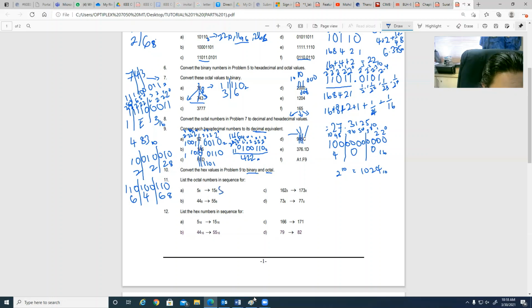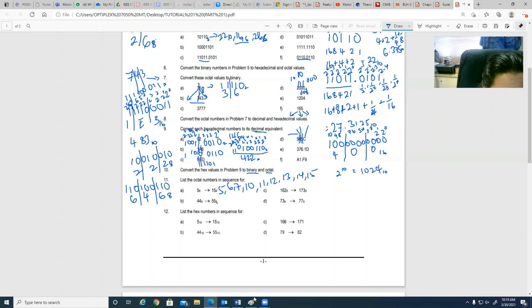So the numbers are 5, 6, 7, 10, 11, 12, 13, 14, and 15. Okay, so that is the sequence of numbers from 5 octal to 15 octal. Okay, another example for B.